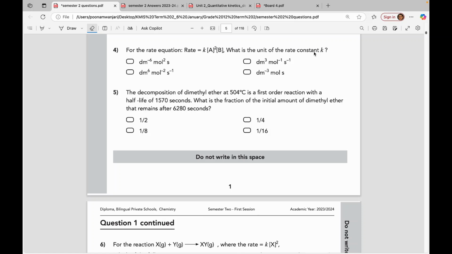So students, here we need to calculate the unit for the rate constant. To calculate it, we first need to write down the rate equation. Rate is equal to rate constant times concentration of A squared times concentration of B. Actually the power of B is 1, so we do not write power 1.